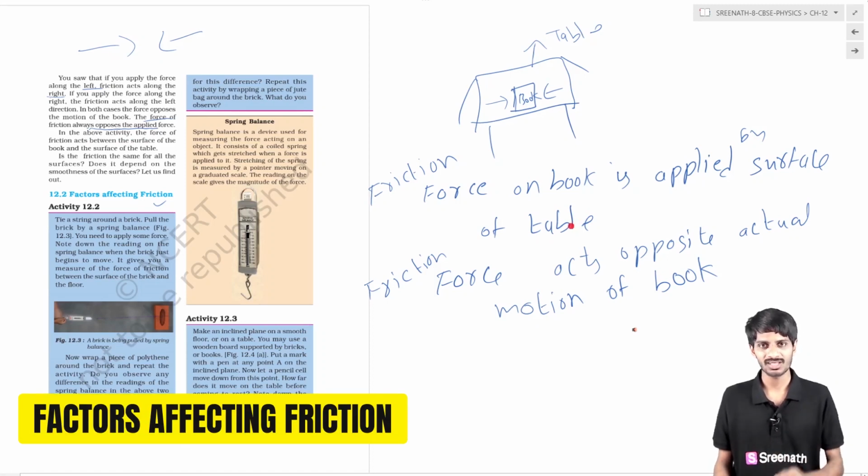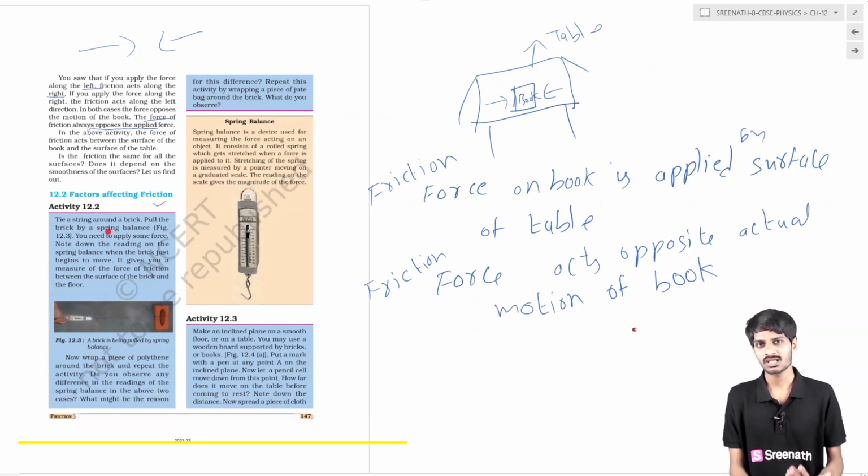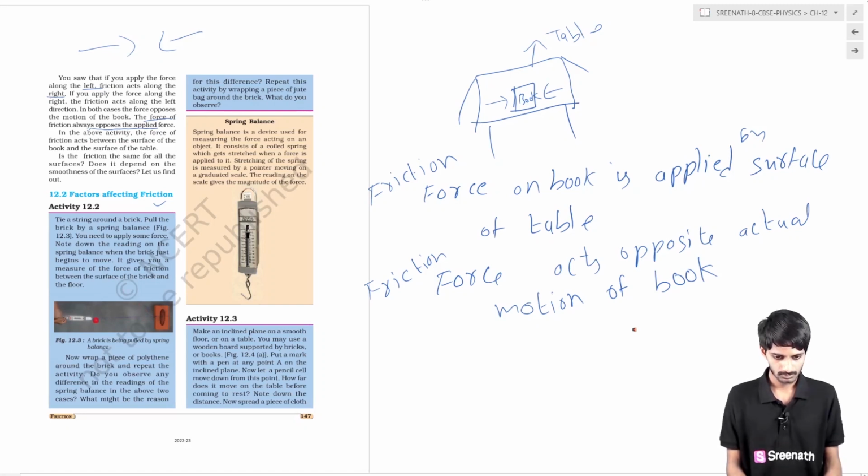Now we have entered into the second topic. What is the second topic? Factors affecting friction. So we have studied frictional force and now we are going to learn about the factors affecting it. Suppose you take a brick and tie a thread to it, tie the thread to a spring balance and try to pull this brick.